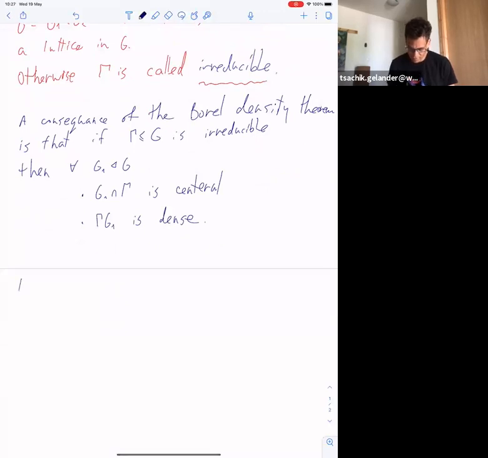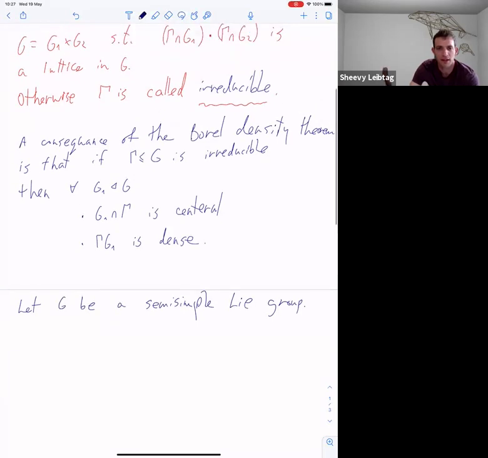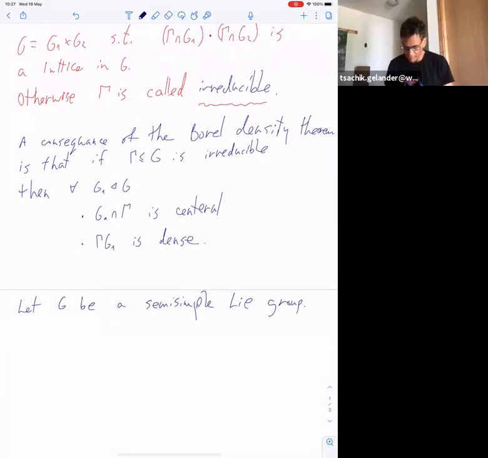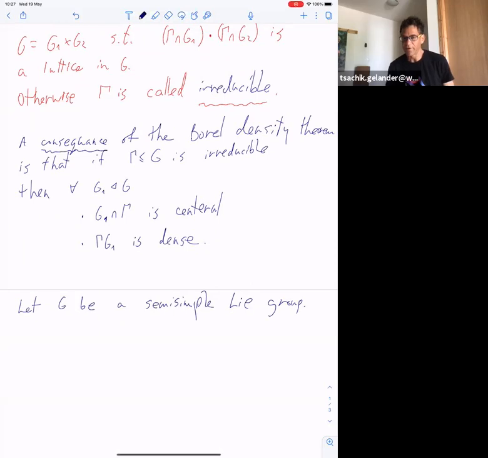So let G be a semi-simple Lie group. Tsachik, why is it central again, G1 intersecting gamma? I said it's a proposition, a consequence of the Borel density theorem.